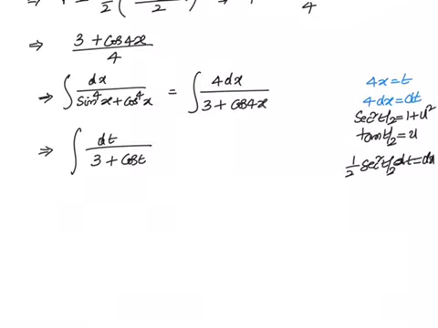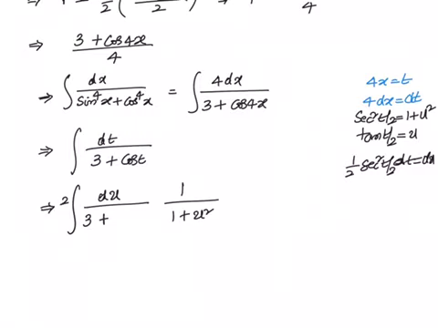Now let's go ahead and try to convert this in terms of u. We will have dt equal to 2 du by secant square t by 2, that is 1 plus u square, and 3 plus cos t.